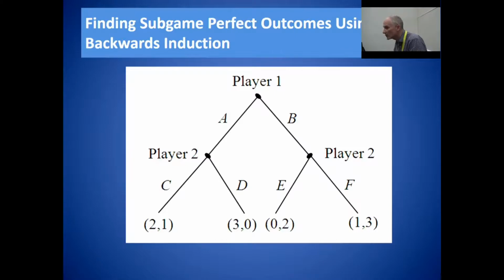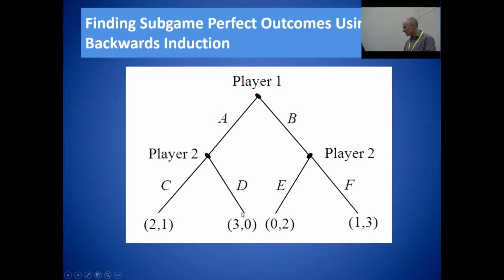So that's the first thing we need to do. What are the optimal strategies of player 2 in these final round of subgames? So, this one on the left, when player 2 is choosing between C and D, what would he choose? C or D? C, exactly. The important thing here, which you've all done, well done, is you need to look at the second figure. So if player 2 chooses C, he gets a payoff of 1.